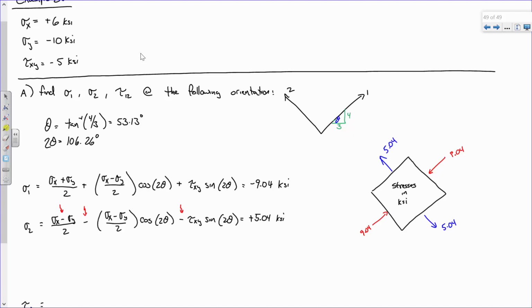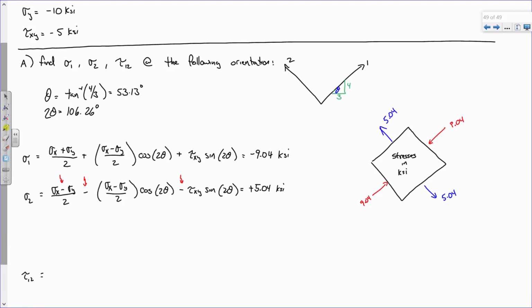Okay, now for shears, the formula is a little different: minus sigma x minus sigma y over 2 sine 2 theta plus tau xy cosine 2 theta.